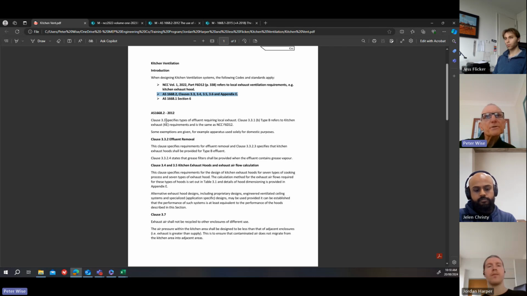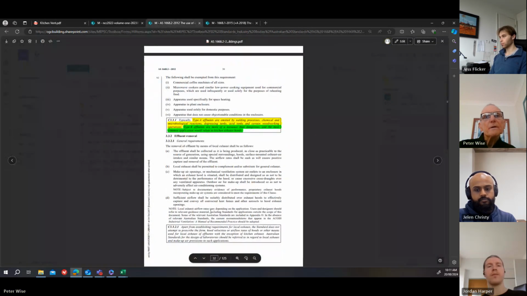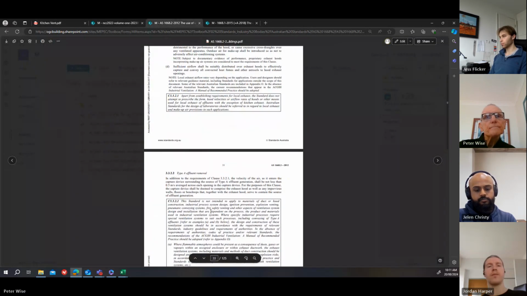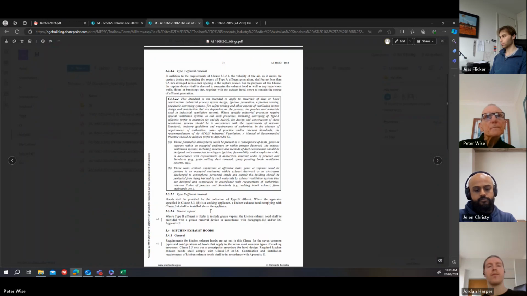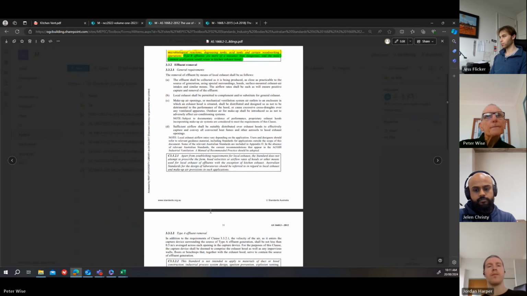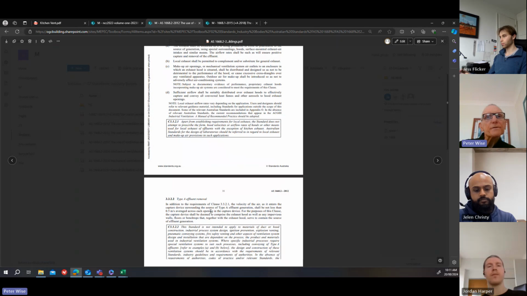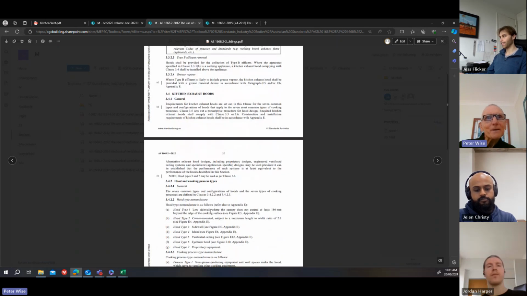So as I said, clause 3.3 specifies type of effluent requiring local exhaust. Some exemptions are given. And so if we go back to 1668 Part 2, where are they? This is the thing, they're all over the place.